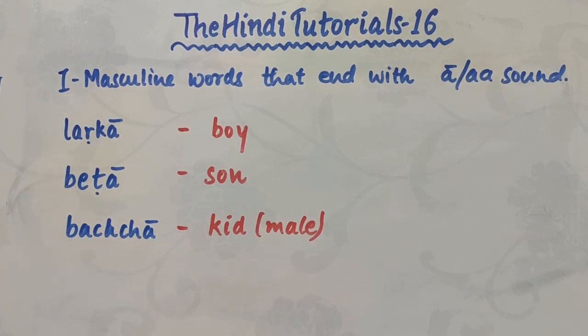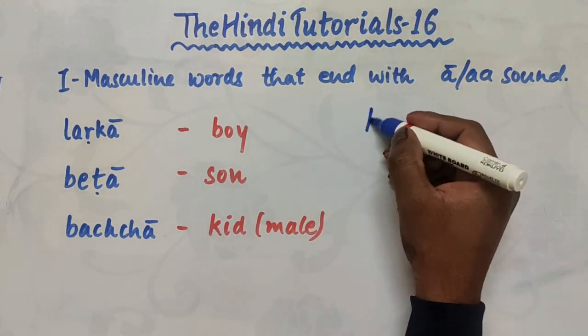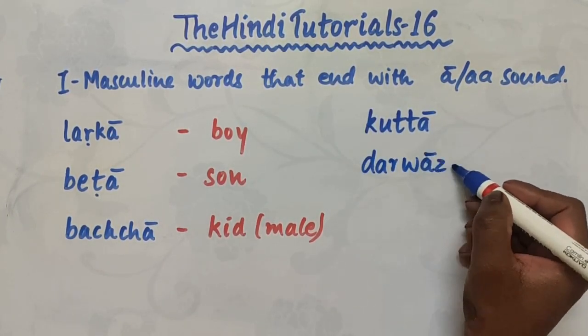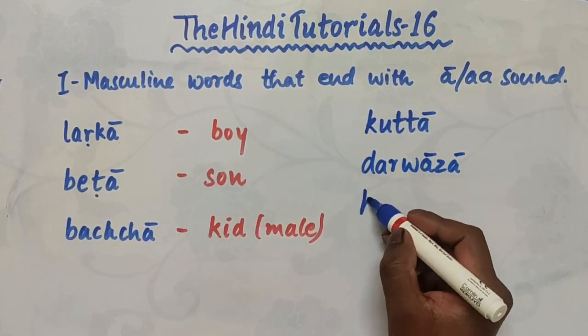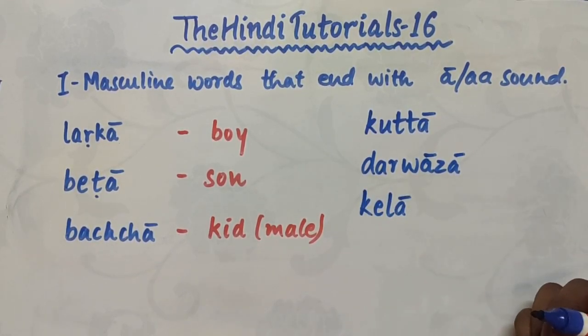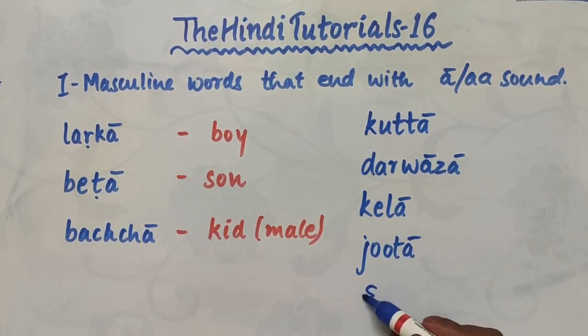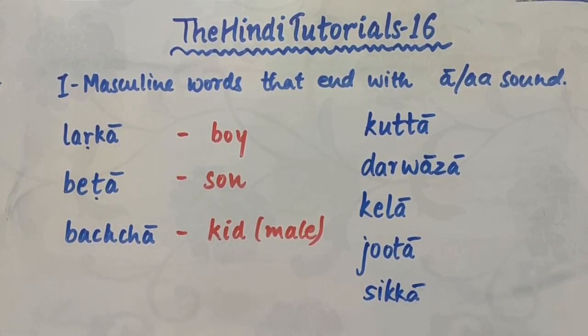There are some more words that we have learnt in the previous lessons that end with the "a" sound, like kutta, darwaza, kela, juta, sikka.